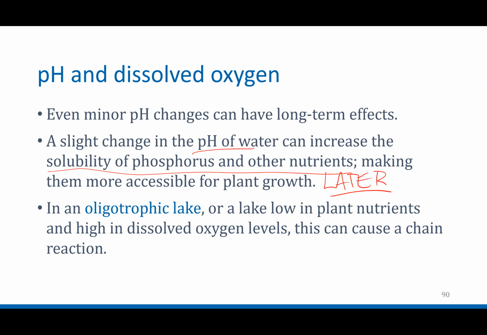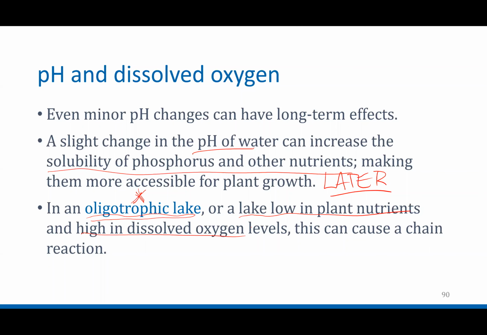So this is the fancy word. This is not in your course outline, but when you see this, oligotrophic, I can never say it. I should look up how to pronounce it before I make YouTube videos. But basically, and again, this term is not in your course outline, in a lake low in plant nutrients and high in dissolved oxygen levels, there can be a chain reaction in the food web.